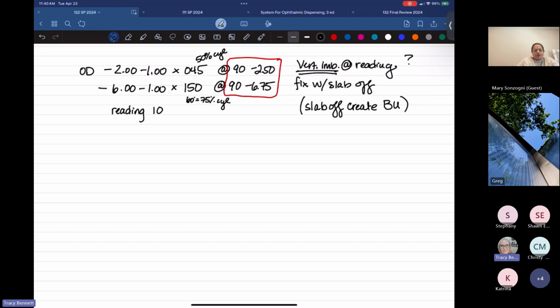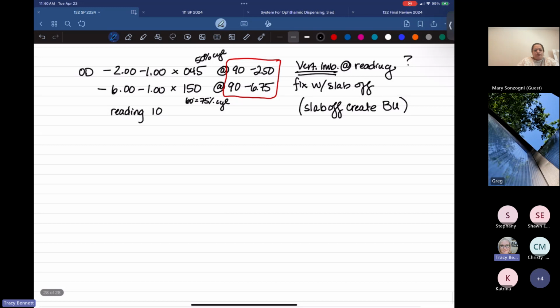Then we're going to plug it into Prentice rule. That first part was finding the meridian, and now we're ready for Prentice rule. We are solving for how much prism, because we want to know how much vertical imbalance. So prism equals little d times big D divided by 10.